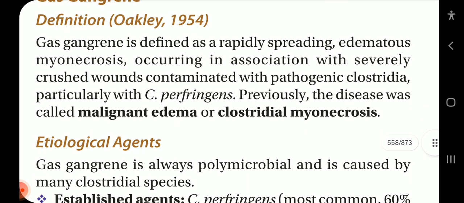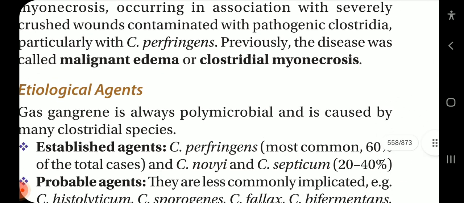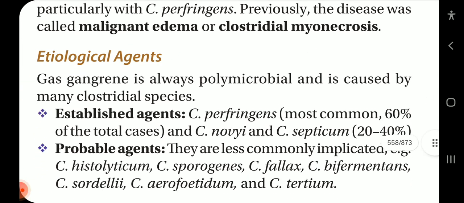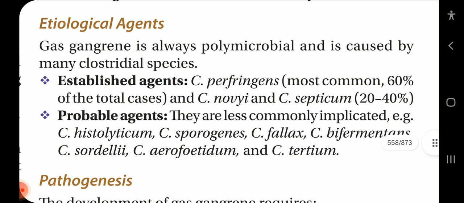Gas gangrene. Definition by Oakley in 1954: gas gangrene is defined as a rapidly spreading edematous myonecrosis occurring in association with severely crushed wounds contaminated with pathogenic Clostridia, particularly Clostridium perfringens. Previously, the disease was called malignant edema or clostridial myonecrosis. Etiological agents: gas gangrene is always polymicrobial and is caused by many clostridial species.